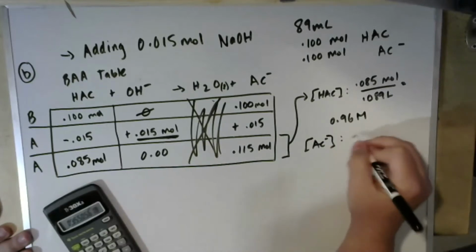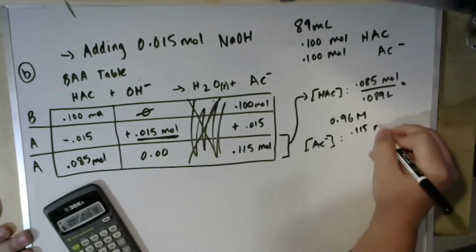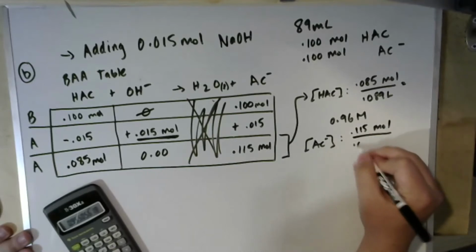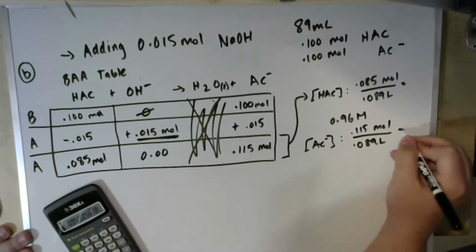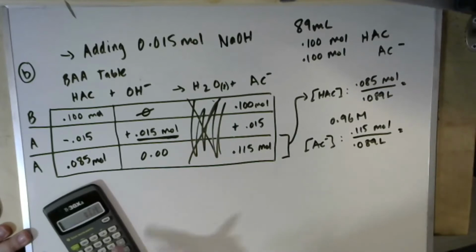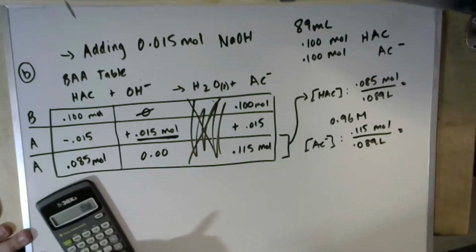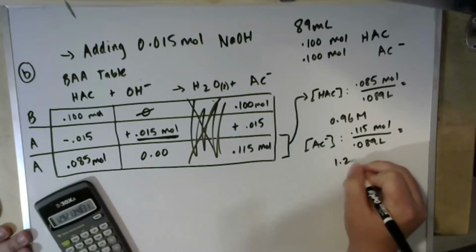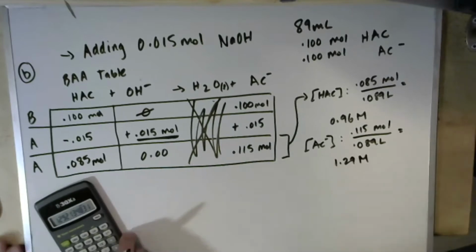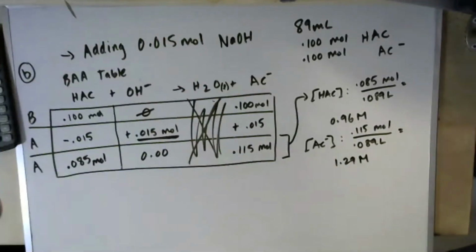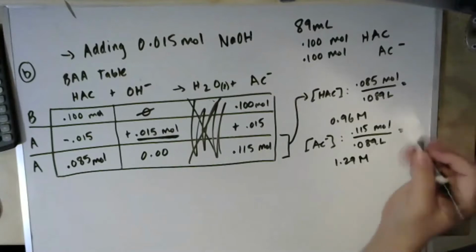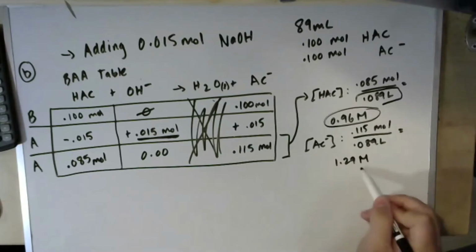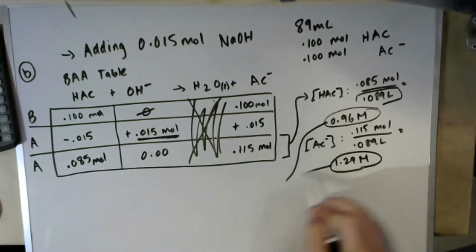And our acetate ion is going to be 0.115 moles over 0.089 liters. Once you finish that, now you have concentration values that you can put into your ice table.